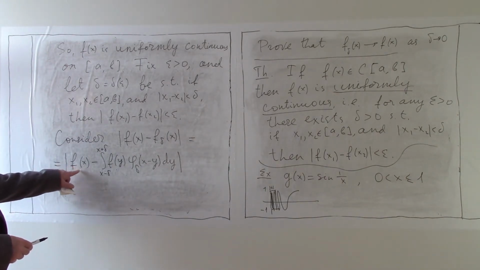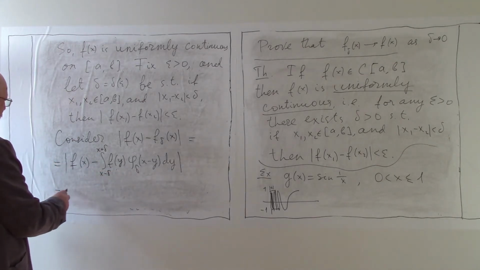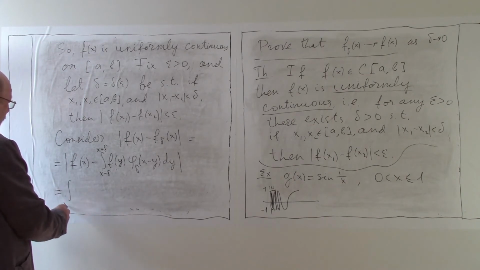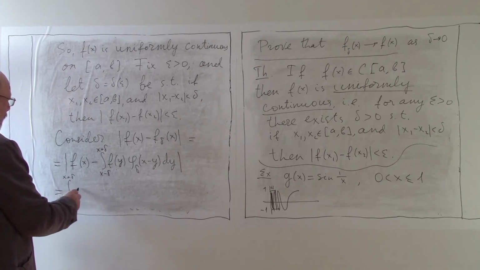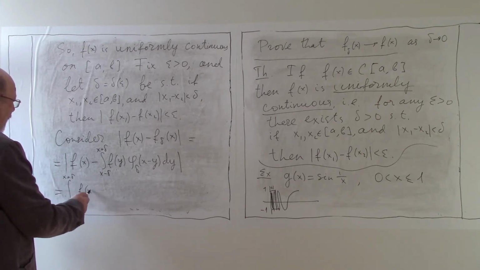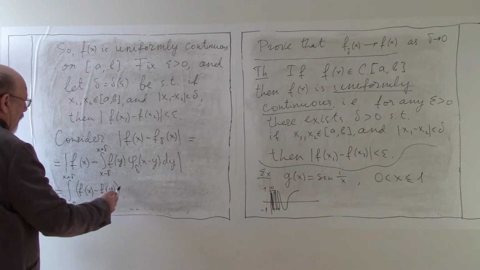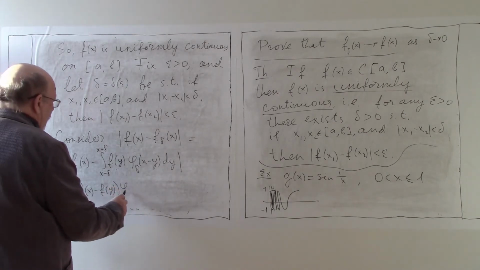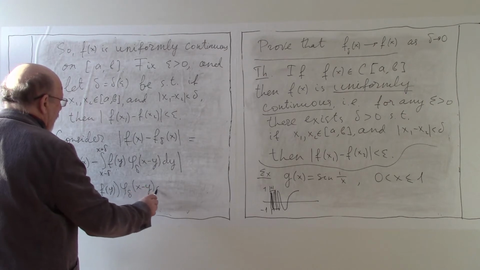Now f(x) we can put in this integral and write it in the following form: the integral from x minus delta to x plus delta of (f(x) minus f(y)) phi_delta(x minus y) dy.